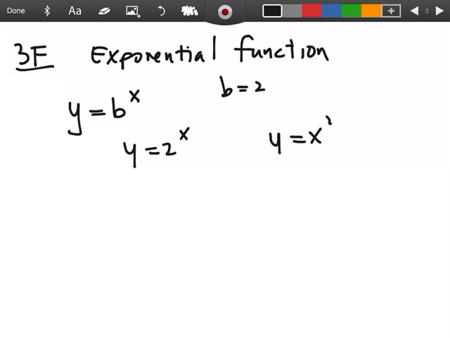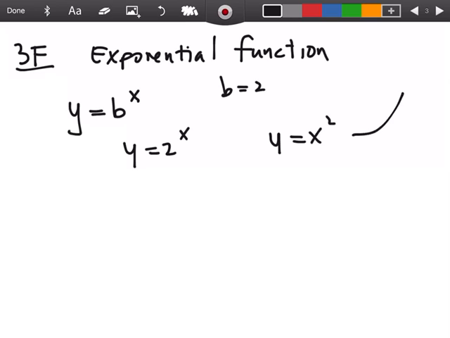This one grows, but the exponential grows even faster, because when x is 2, it's 4. When x is 3, it becomes 2 times 2 times 2. When x is 4, it becomes 2 times 2 times 2 times 2.